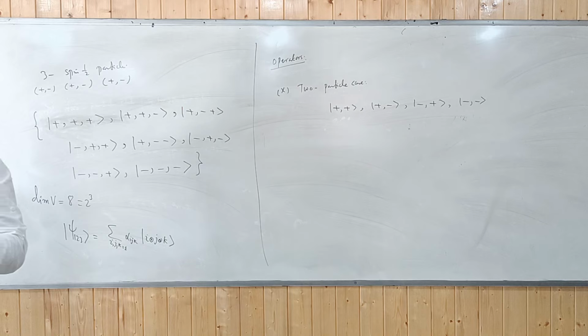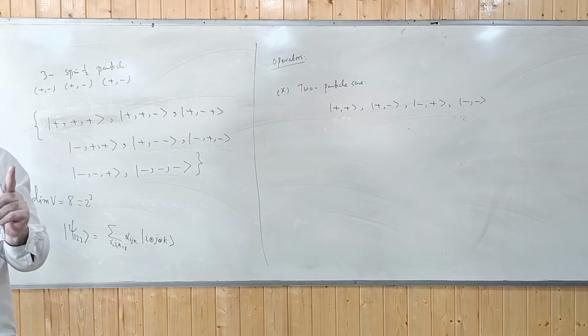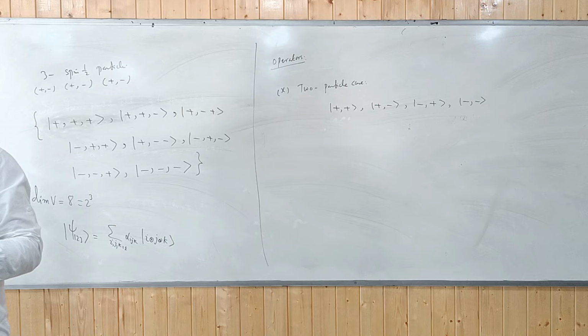What are the possible values of spin? You add half plus half, to half minus half. So what are the possible values? 1 and 0. So the total spin will be 1 or 0.